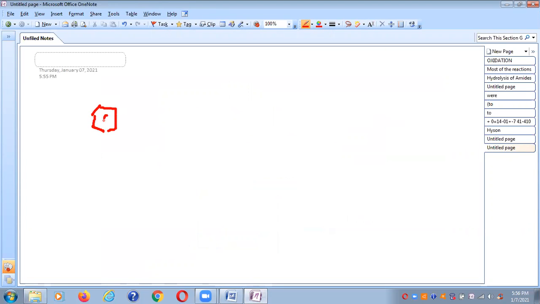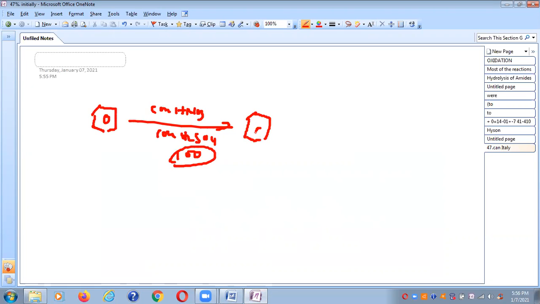if we start this reaction with benzene, with concentrated HNO3 and concentrated H2SO4, and the temperature is around 100 degrees centigrade, then what happens? First mono nitration takes place. Further, this nitrobenzene again undergoes nitration with the same reagent, which is present in the reaction mixture.